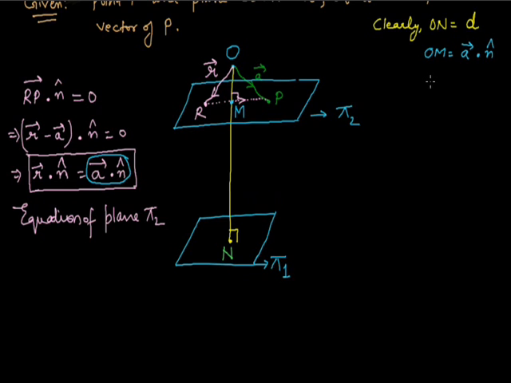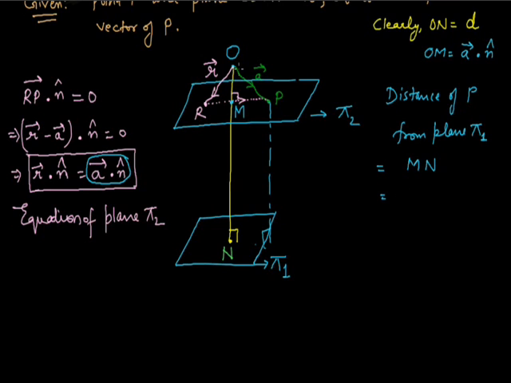But what do I need to find? I need to find the distance of P from the plane pi1. Can you see from here that the distance of P from this plane is going to be equal to MN? So the distance of P from plane pi1 is basically equal to MN.